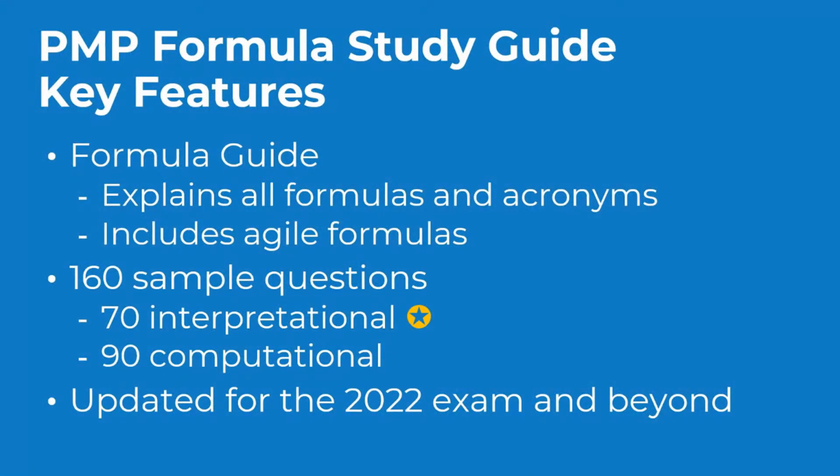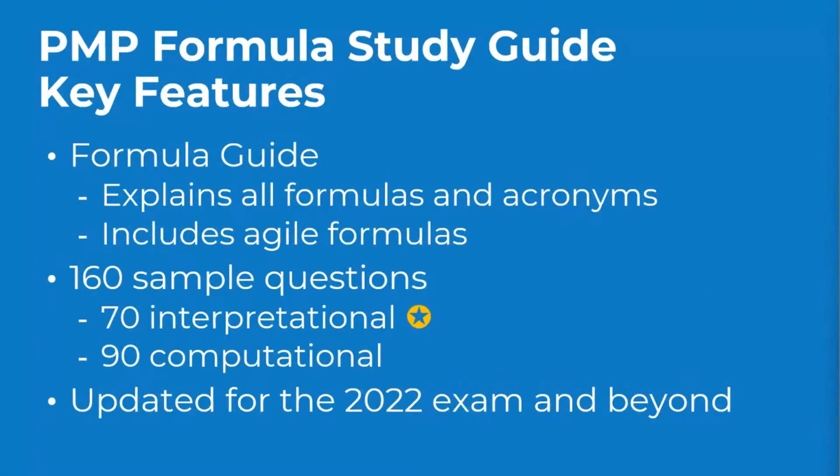So here are the key features. The formula guide explains all the formulas and acronyms, and includes even agile formulas. You have 160 sample questions, 70 are interpretational and 90 are computational, and it is fully updated for the 2022 exam and beyond. And when I say beyond, I mean 1 and 1 is 2.